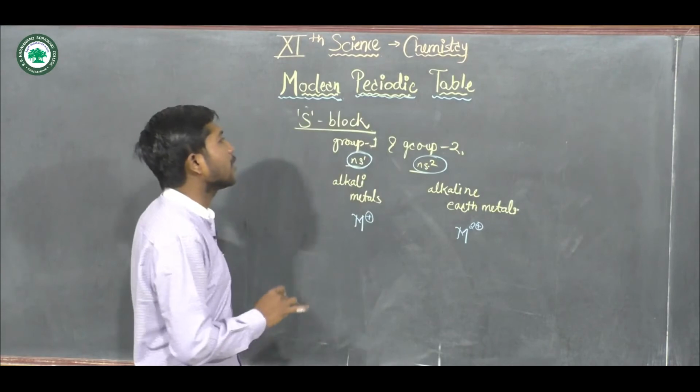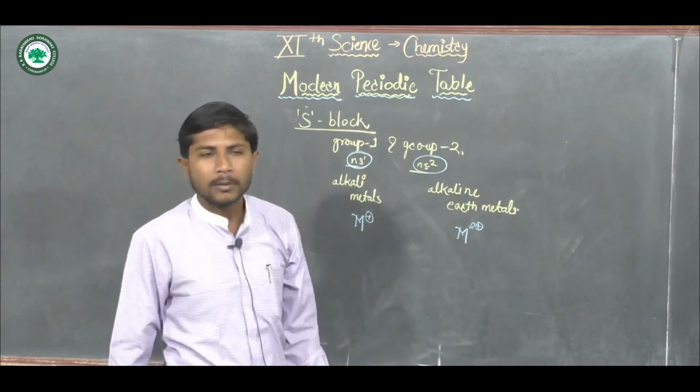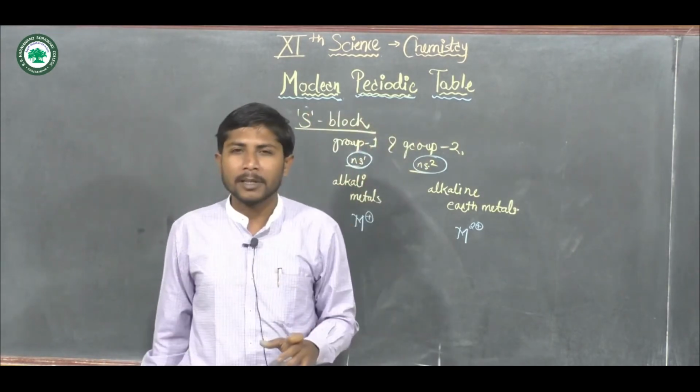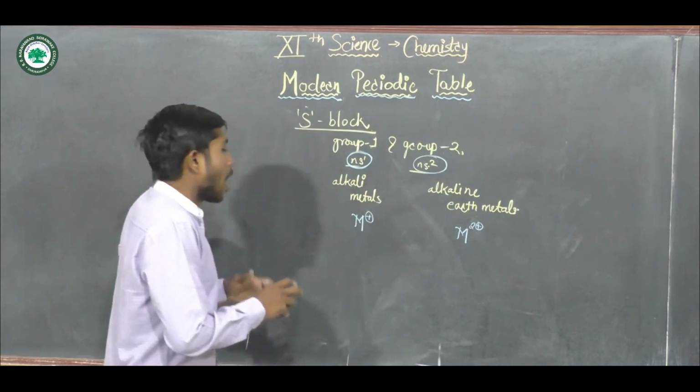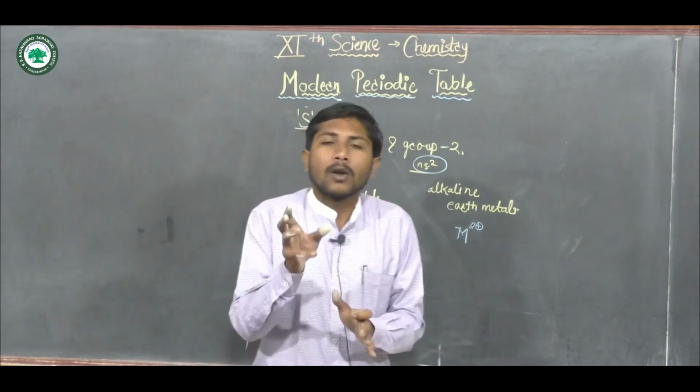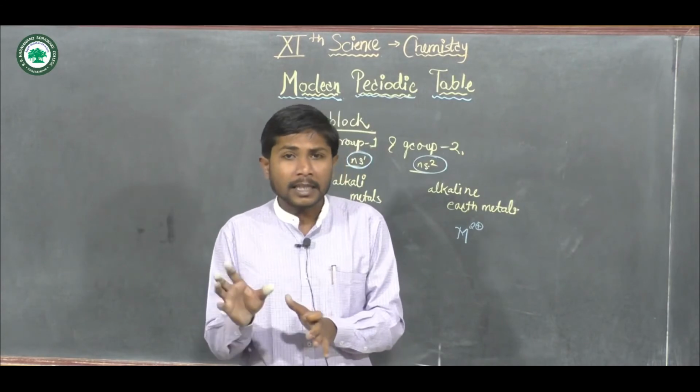The ionization enthalpy of these two groups of elements, the alkali metals and the alkaline earth metals, is low. It is decreasing.